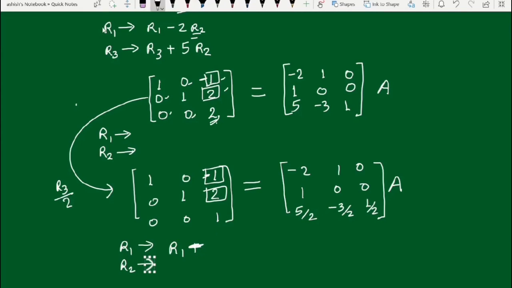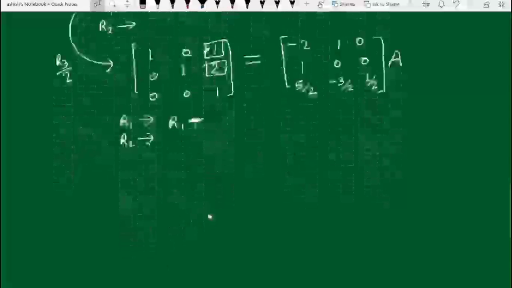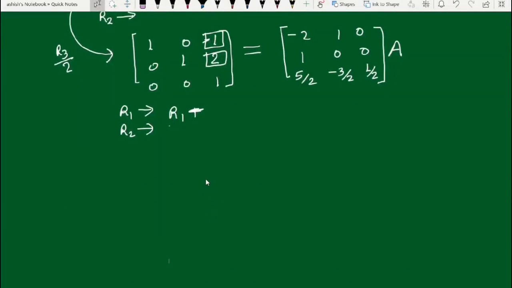Now R1 replaced by R1 plus R3 and R2 replaced by R2 minus 2R3.